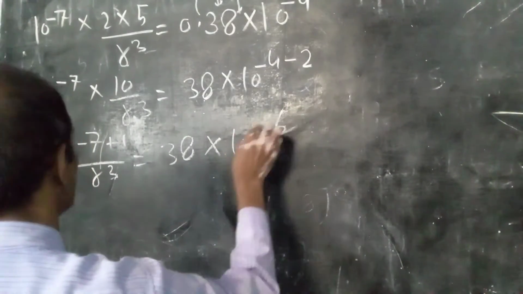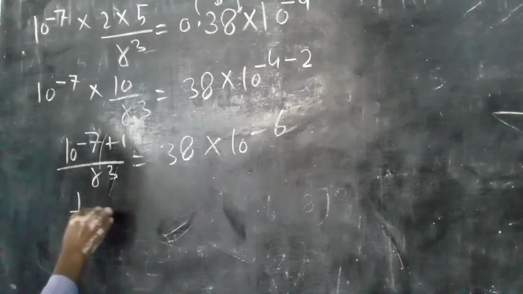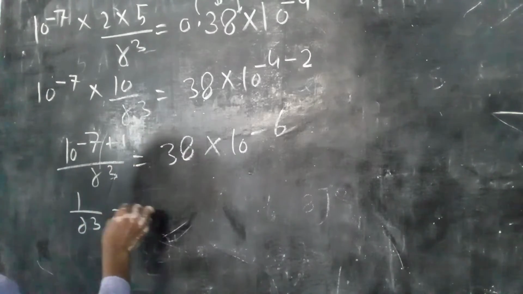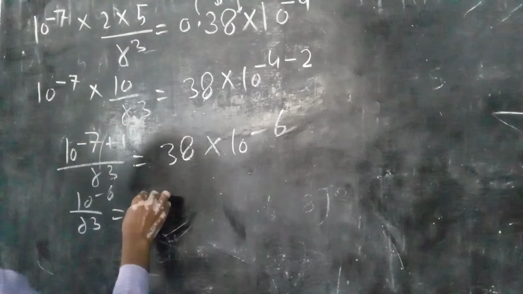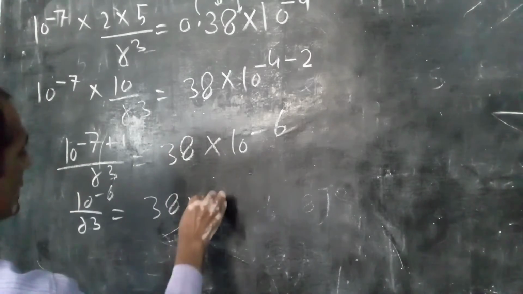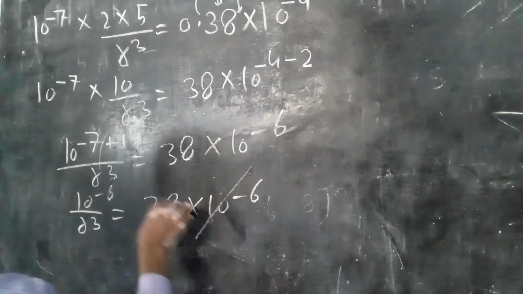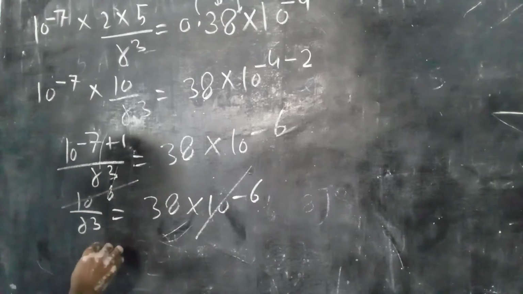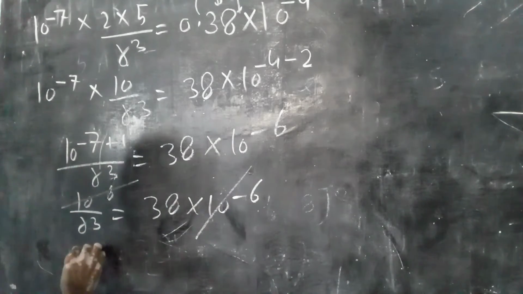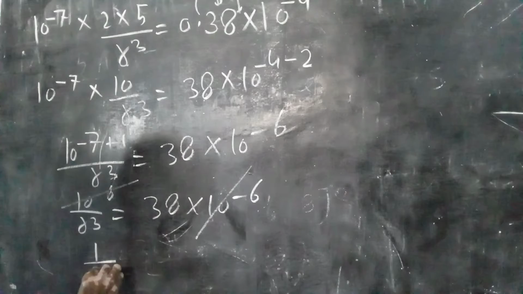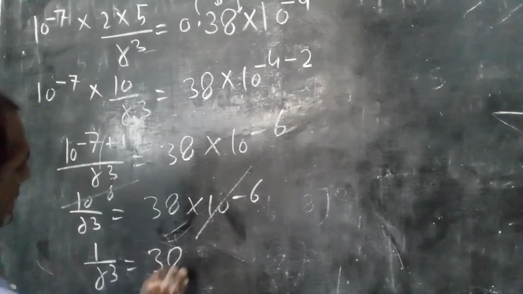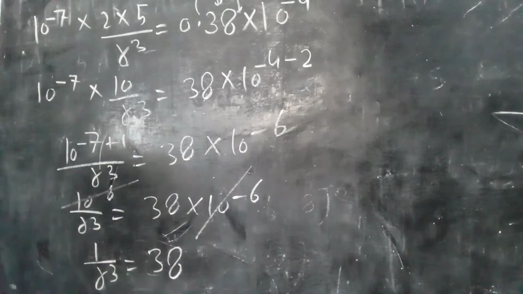power minus 6. So 1 by r cube is equal to 38 into 10 raised to power minus 6. 10 raised to power minus 6 and 10 raised to power minus 6 cancel. So 1 by r cube is equal to 38.